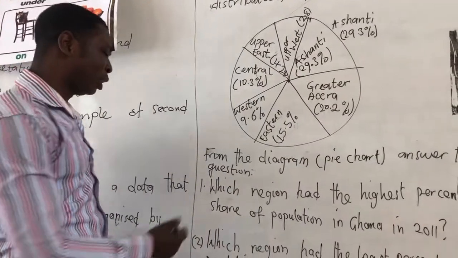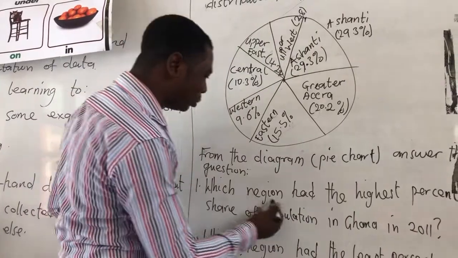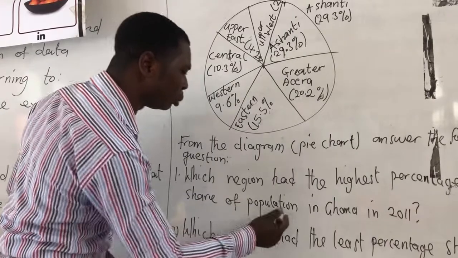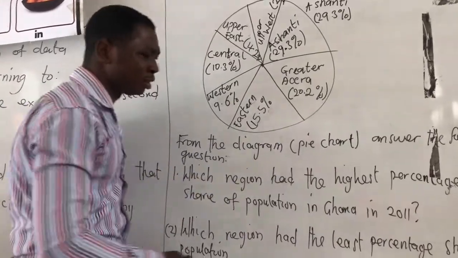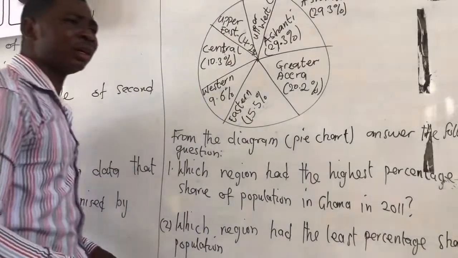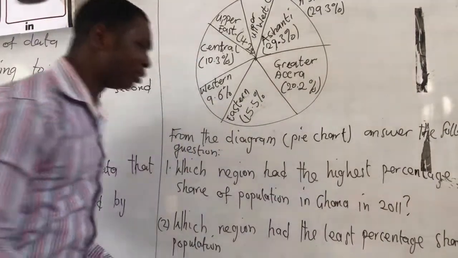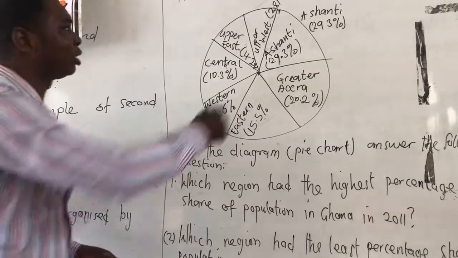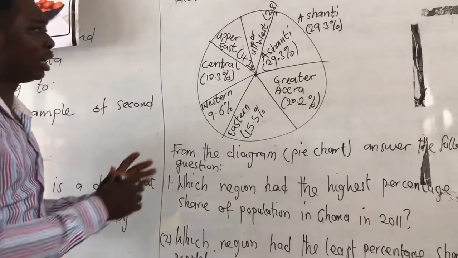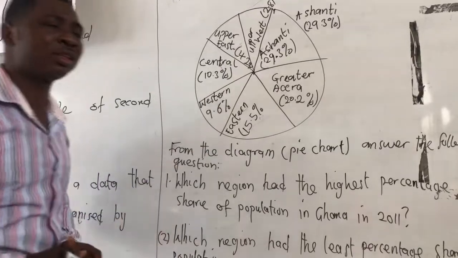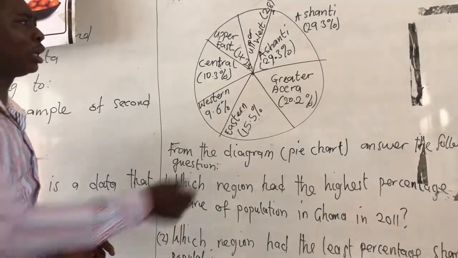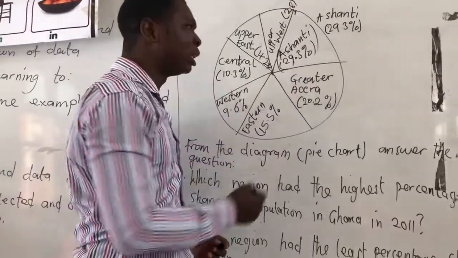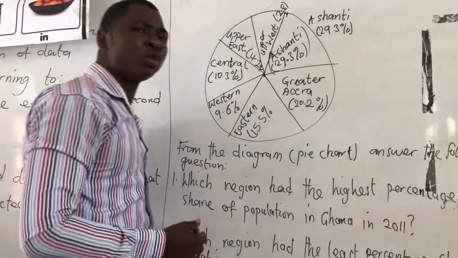One of the questions is: which region had the highest percentage share of population in Ghana in 2011? Look at the sectors, look at the distribution, and tell me the highest population using the percentage. Looking at this carefully, you realize that Ashanti region has the highest population, that is 29.3%.